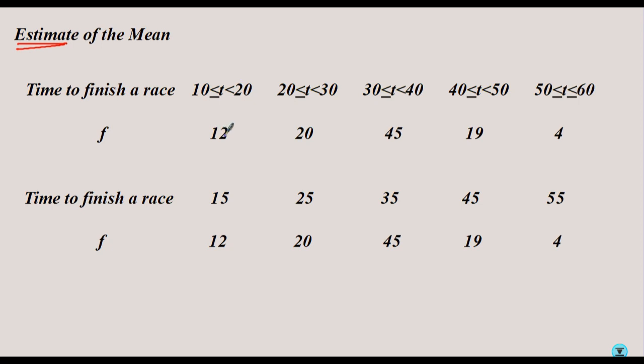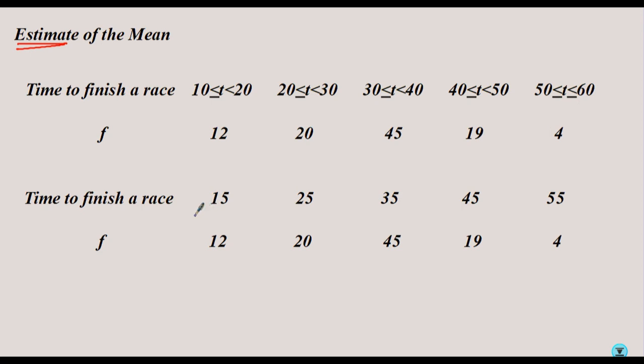Our assumption is that those 12 people actually arrived in the middle of the interval. So we assume that those 12 people did not take 10 to 20 minutes, that they all took 15 minutes, which is (10 plus 20) over 2, the mid-interval value. We also assume that those 20 people arrived at t equals 25. So by doing that, we have actually converted the grouped frequency table into a simple frequency table.